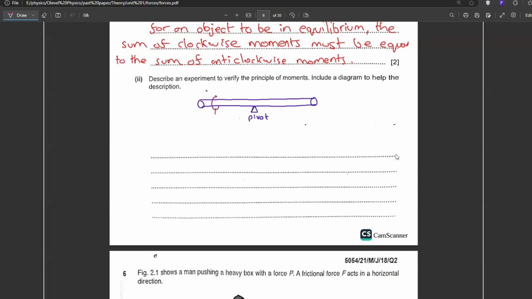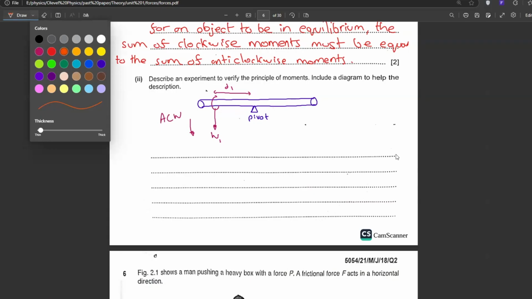And then we hang a weight of W1 at a distance of D1. So what have we done? We have hung a weight of W1 at a distance of D1. This will generate which type of moments? Anti-clockwise moments.